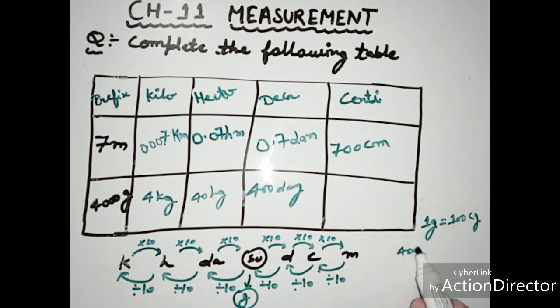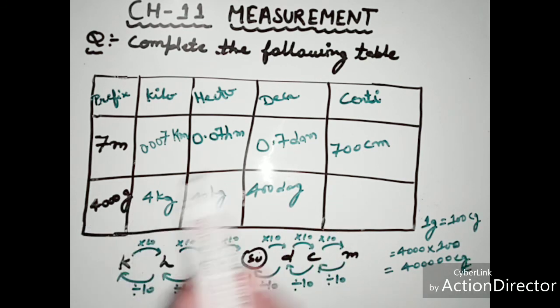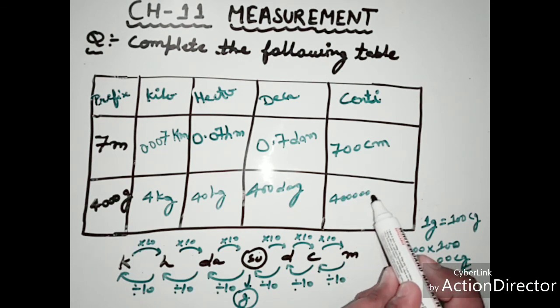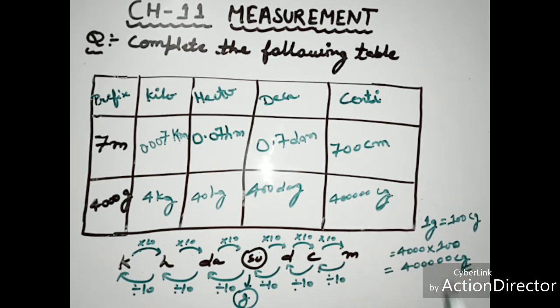So 4000 multiplied by 100 and we get 4 lakh centigram. So 4000 gram equal to 4 lakh centigram.